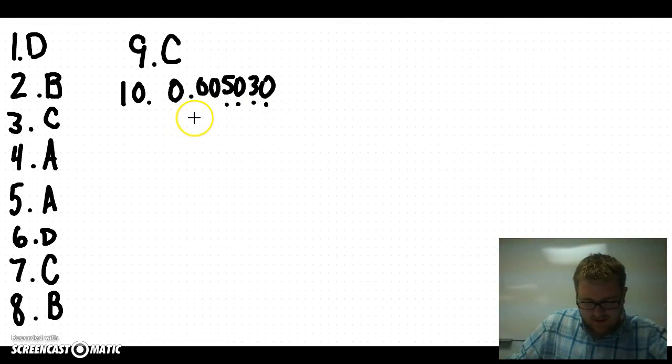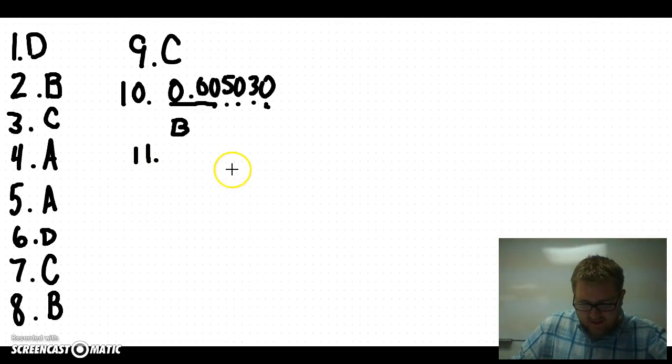So that's answer B. Remember, if I'm choosing to write this 0 that I don't need, that's going to tell me it's significant. These are all placeholders. So number 11, the technique of dimensional analysis is used to convert units of measurement, C.